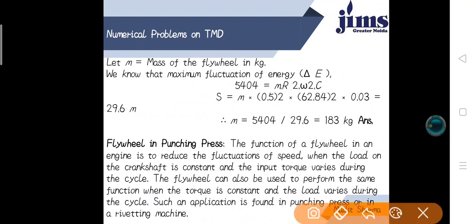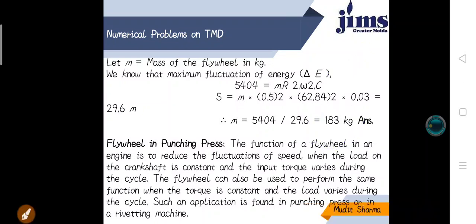So we use the formula delta E equals m R square omega square into Cs. So m equals 183 kg. I hope you will understand this numerical problem with the help of this PPT video.